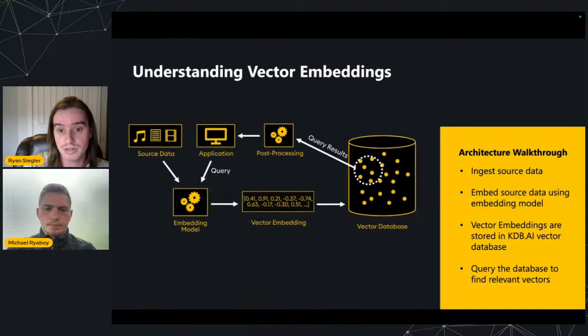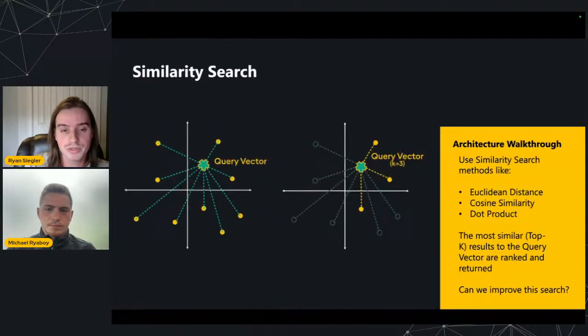If we go to the next slide, when we're doing that similarity search, there are a few different ways we can do that within KDB AI. We have these images here, and you can think about this in a simplistic way in a 2D plane, where the yellow dots represent the different vectors or embeddings stored in our vector database. Then we have a query, which would be the query vector that the user asks.